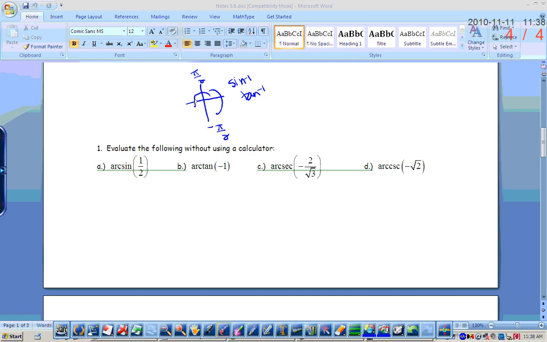And then when we did cosine inverse, it had to fall between 0 and pi. If you look at the graphs up above on your sheet, you can see that that's the range of those functions. Also, it's helpful to have your 2 special right triangles.